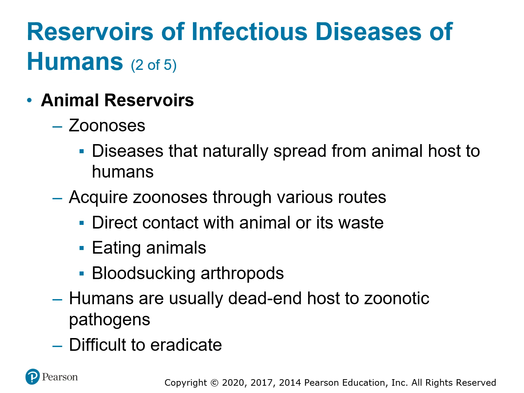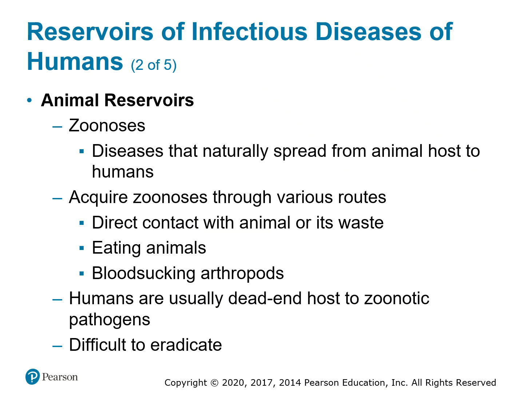We acquire zoonosis through various different routes. It can be from direct contact with the animal itself, or the waste from that animal, by eating animals that are infected, and through blood-sucking arthropods, typically mosquitoes, but there are others, that bite and draw blood on an infected animal, and then they bite you and I, and unfortunately pass that on to us.